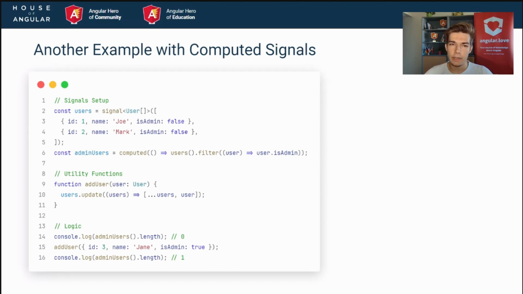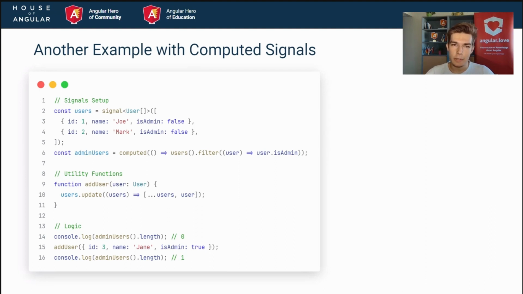Then we are using our utility function to add a user that is an admin to the original users array. And as you can see below, after we print out the admin users length, it's equal to 1. That means the computed signal value has been automatically updated, and we didn't have to do anything to achieve this perfect and great result.